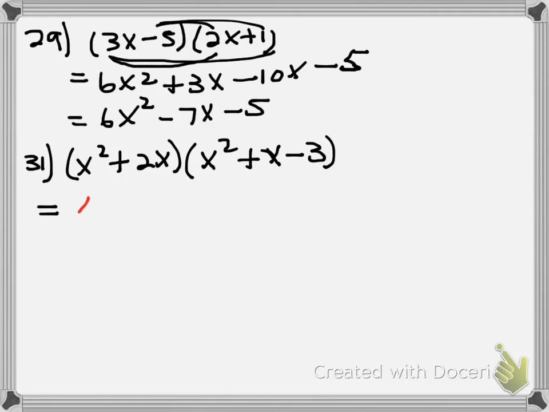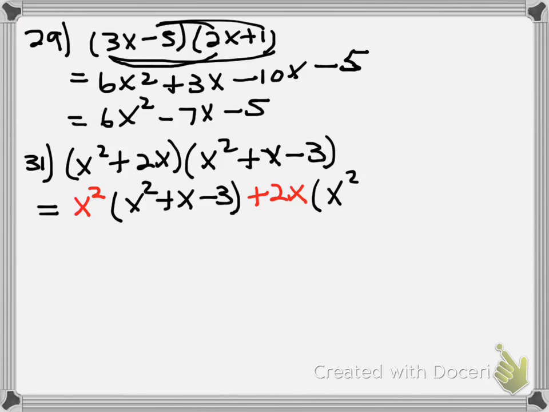This is my first x squared times x squared plus x minus 3, plus 2x times x squared plus x minus 3. So what we have in red here is really the first parentheses, x squared plus 2x.